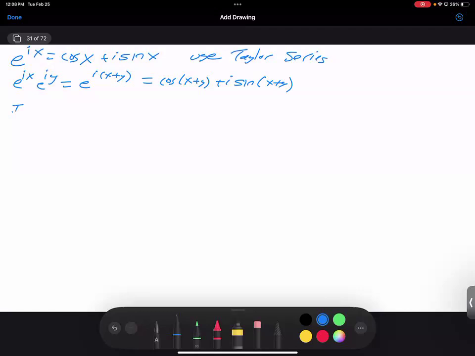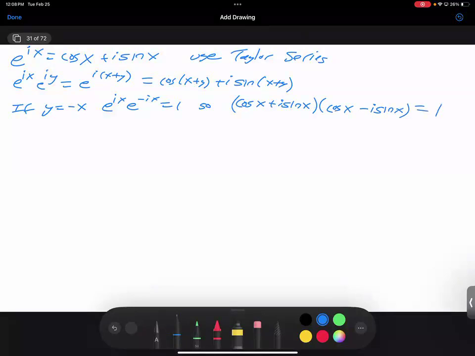So if y equals negative x, then e to the ix, e to the minus ix is 1, right? So cosine x plus i sine x, cosine x minus i sine x equals 1.